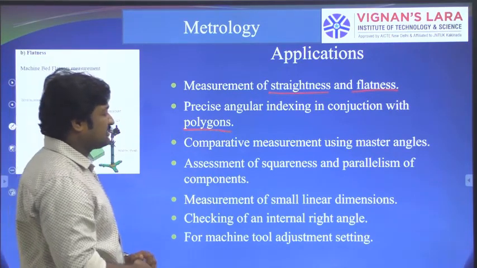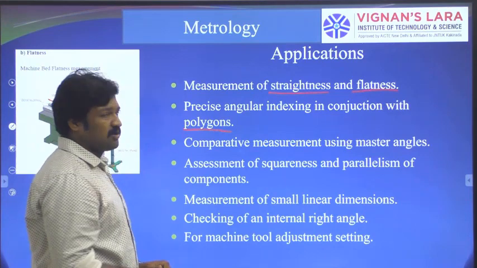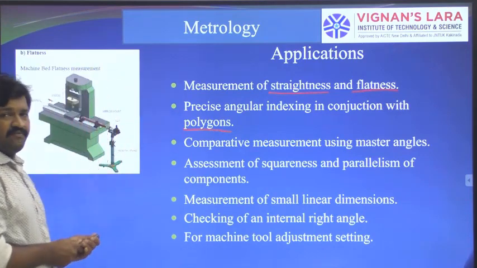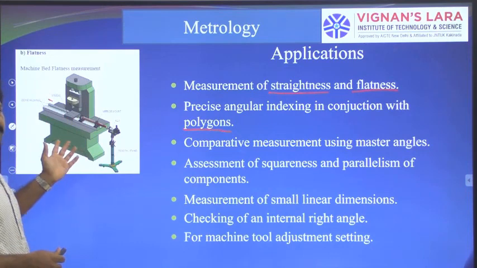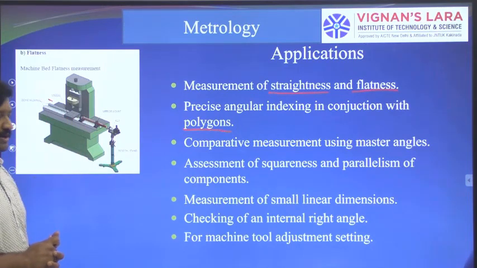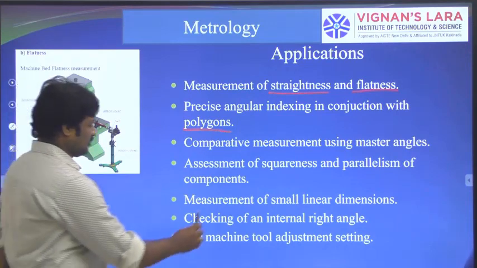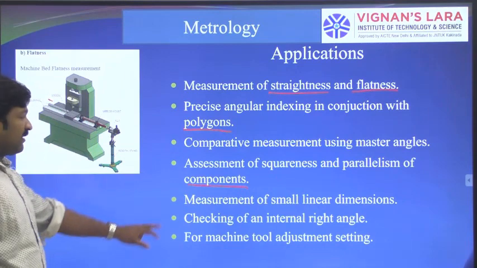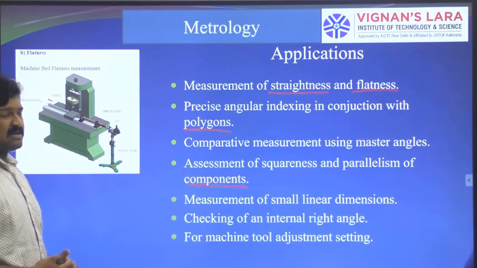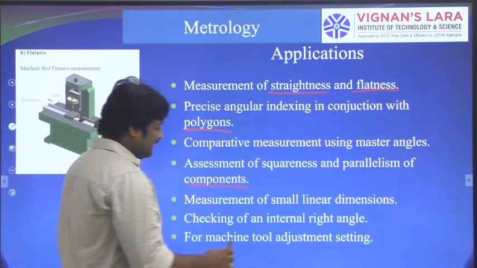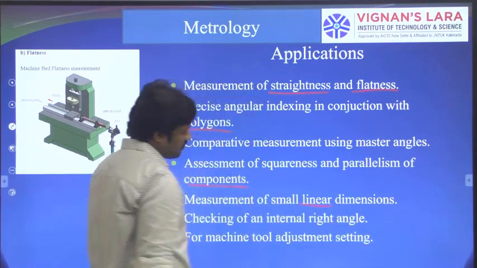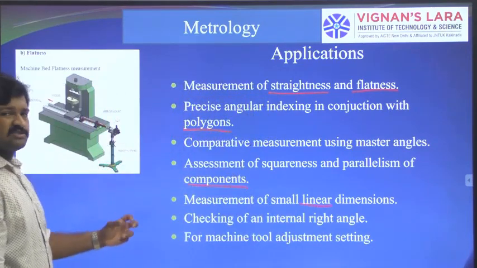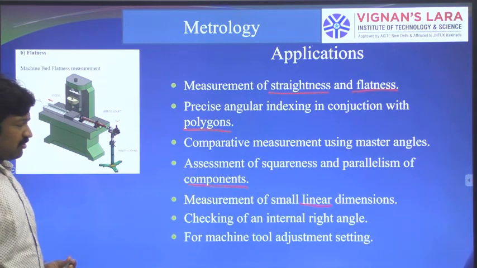Comparative measurements using master angles, so by comparing the component with the master angles by means of the autocollimator, we can get the angle of the component. Assessment of squareness and parallelism of components, so both can be identified by means of this autocollimator. Measurement of small linear dimensions can also be done with this autocollimator.